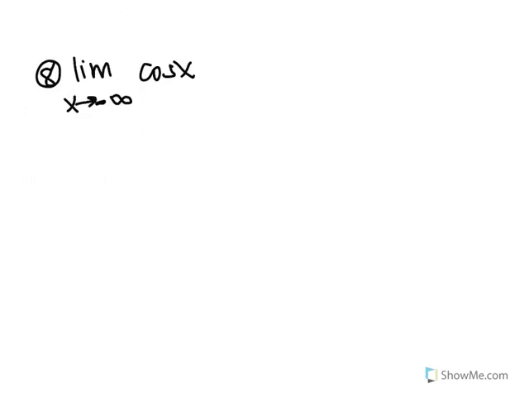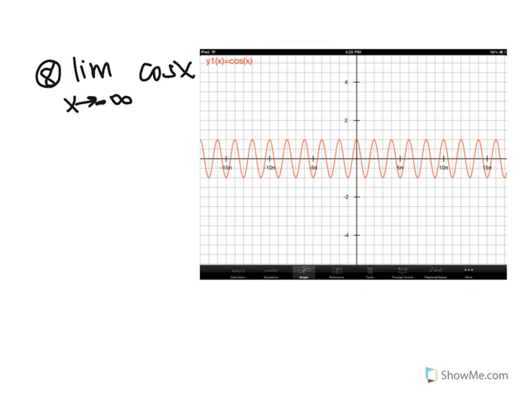Okay, so my last example is the limit as x approaches negative infinity of cosine. So if you remember what the graph of cosine looks like, it's here, and if I want to find what happens to the y values as x approaches negative infinity on this side, what's happening is I approach negative infinity, I'm oscillating, I'm going up and down, I'm not approaching a single number.